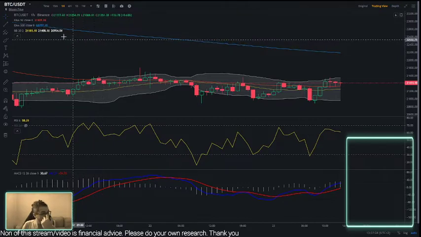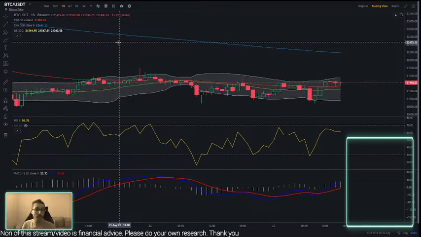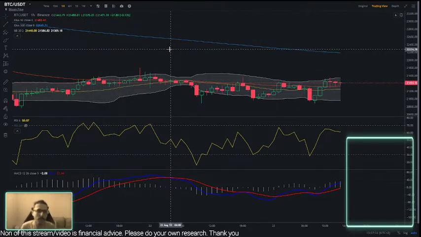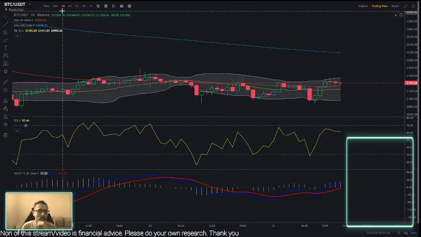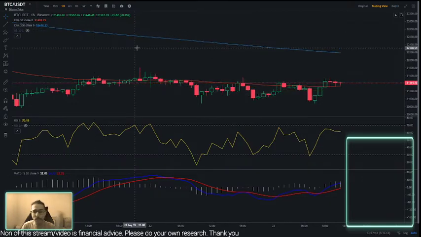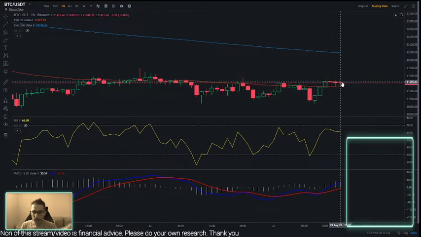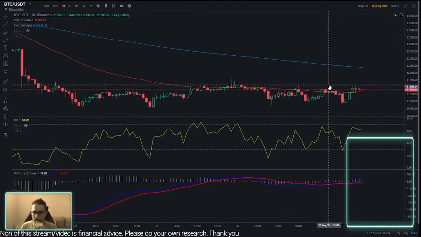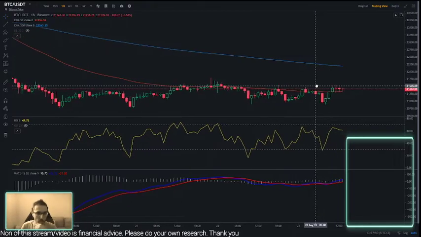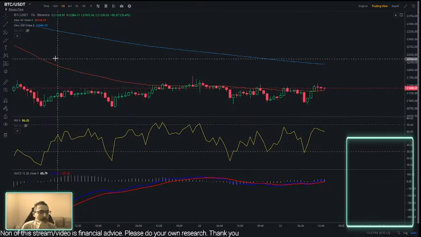So we are looking at Bitcoin against USDT, and we are using the 1 hour chart. So to have a better view, I'm going to hide the Bollinger Bands so far. Talking in a candle pattern way, let me see, what can we see here?